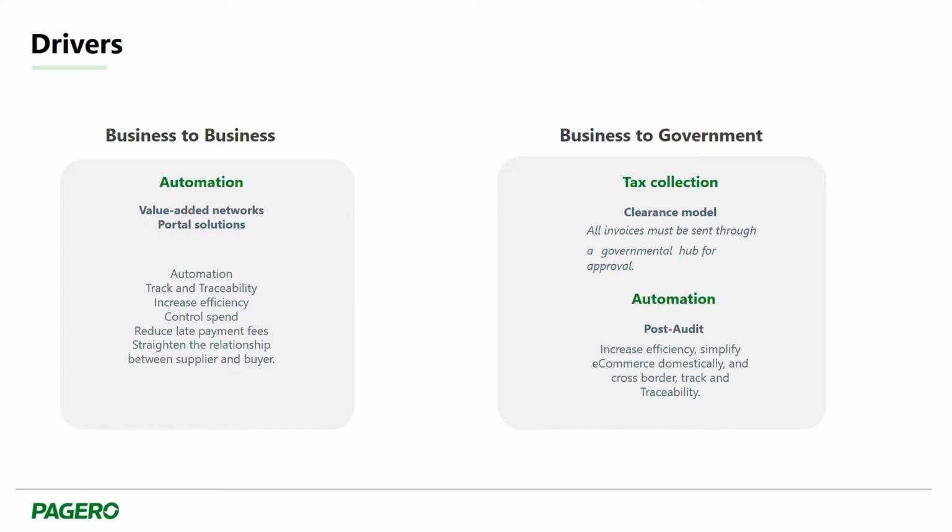We can also see some countries in Asia moving towards this. And we also believe that the US government will eventually go this way too. But until then, here in North America, it's 100% driven by the businesses. And how they are doing this is that they are adopting an infrastructure that companies will connect to using access points.